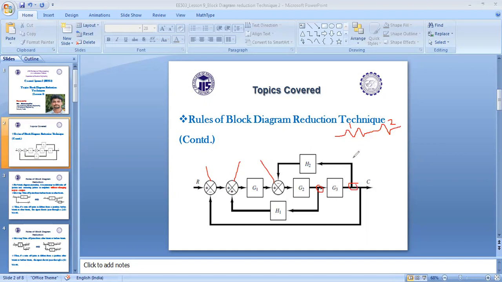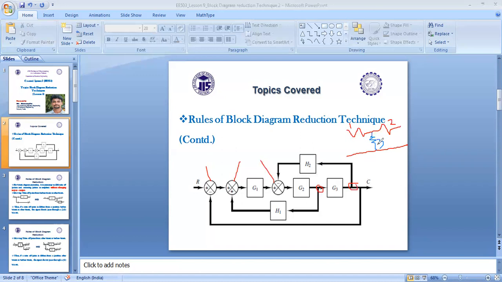But if another resistor 3 is taken in between resistors 1 and 2, then are these two resistors 1 and 2 still in series? No. Why? Because this resistor 3 makes the series combination of 1 and 2 violated.